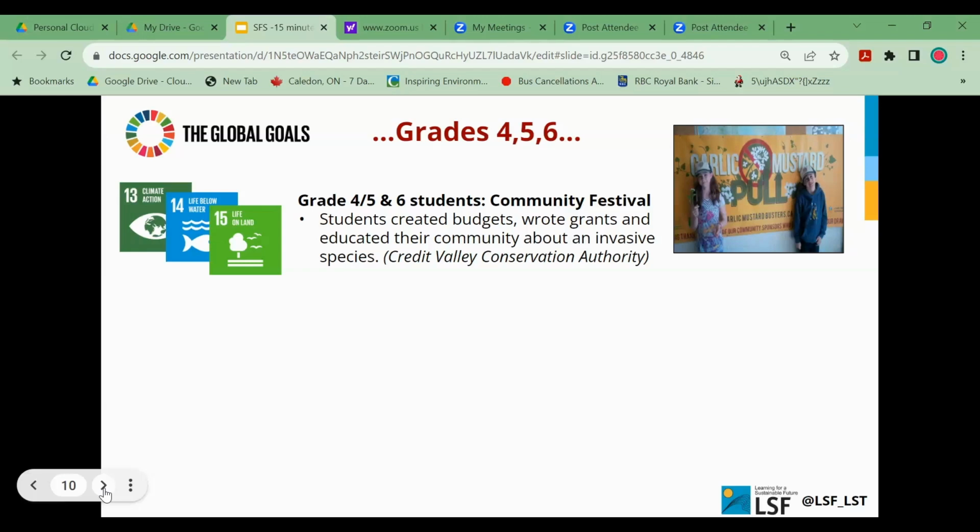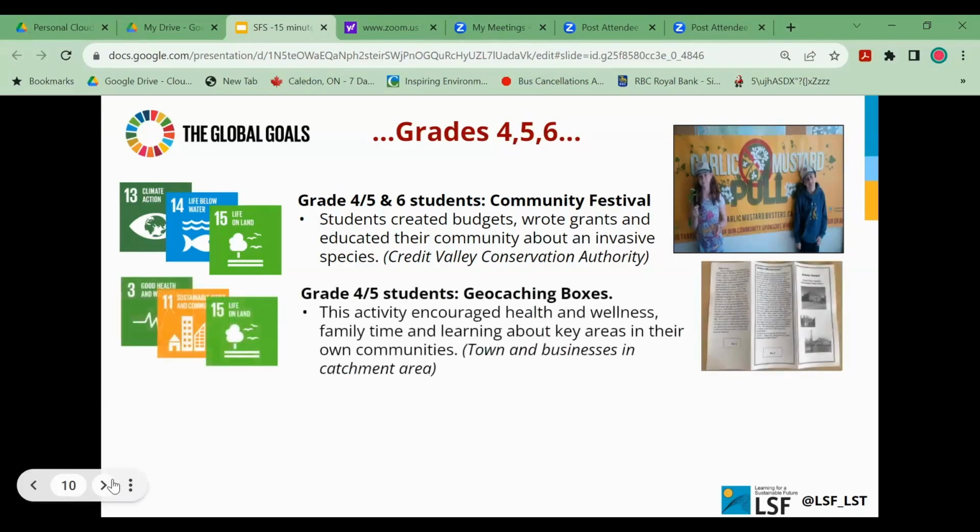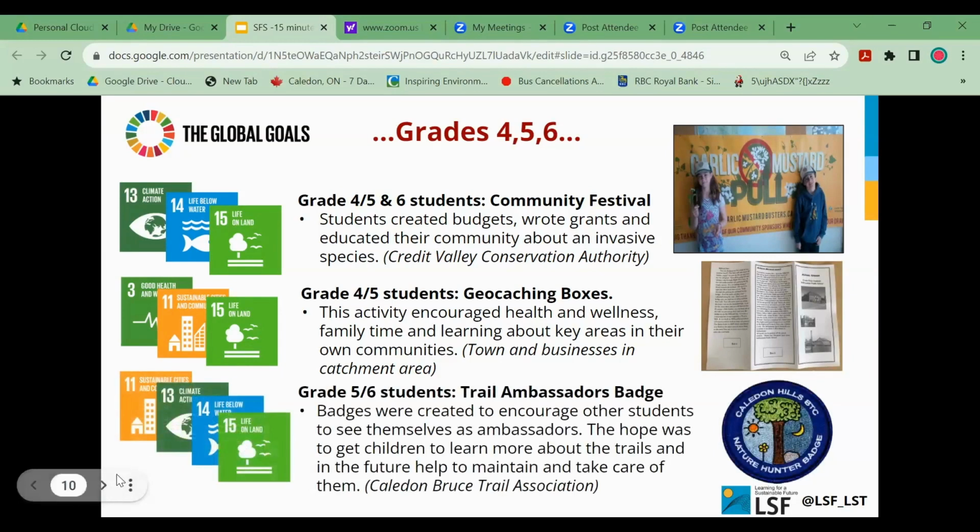And this event has been happening annually for a decade now and has had an impact on creating a healthier ecology in their neighborhood and has built stronger community bonds. Other family events such as geocaching and promoting local trail walking have drawn the community closer and improved sustainability in their area as well.